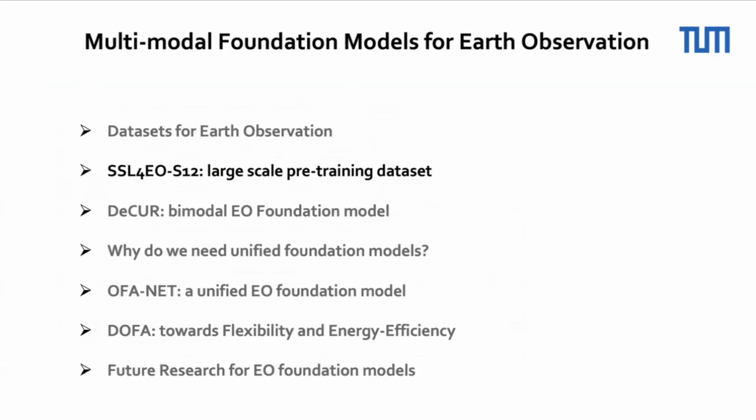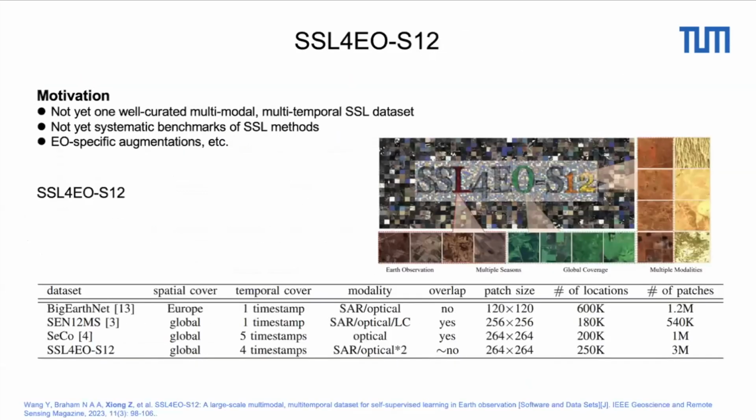Then we will look at our SSL4EO-2024 dataset. We built this dataset because there was not yet a well-curated multimodal and multi-temporal dataset for training self-supervised learning methods on EO data, and there were not yet systematic benchmarks for self-supervised learning methods for EO data.